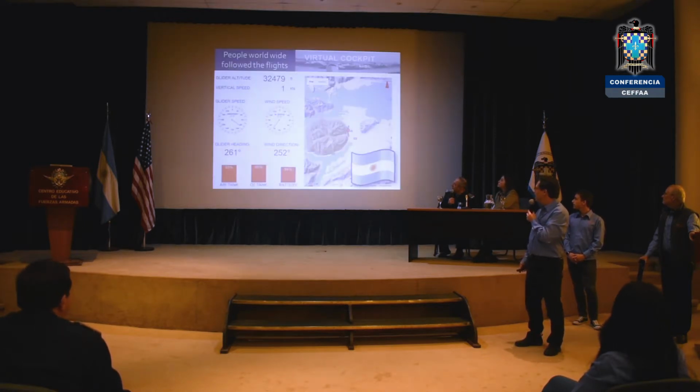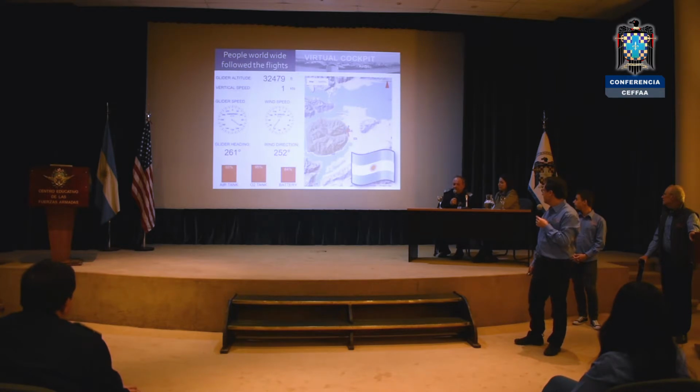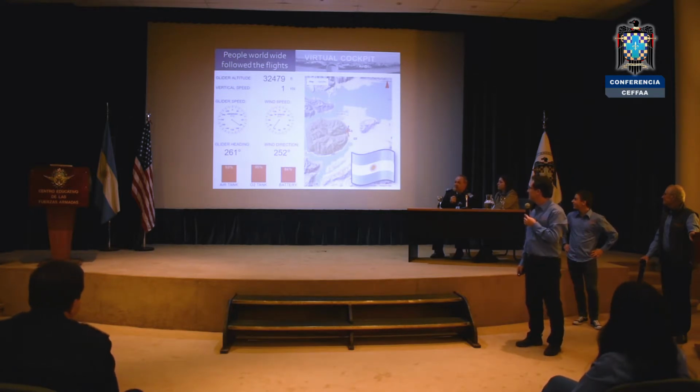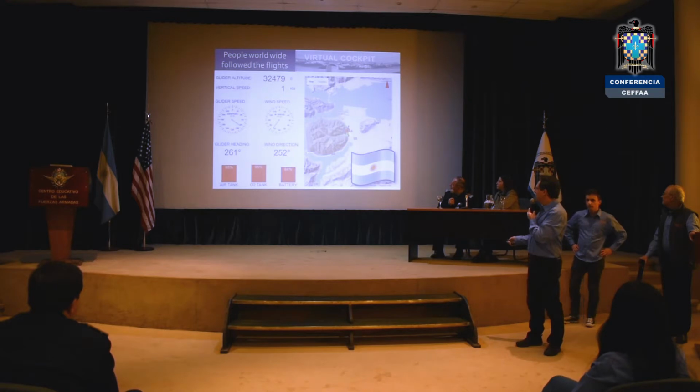Thanks to our virtual cockpit, we've had lots of people all over the world following the flights. So we have the map with the glider position and glider altitude, of course.